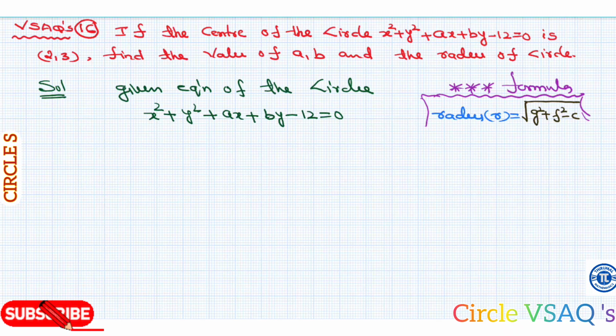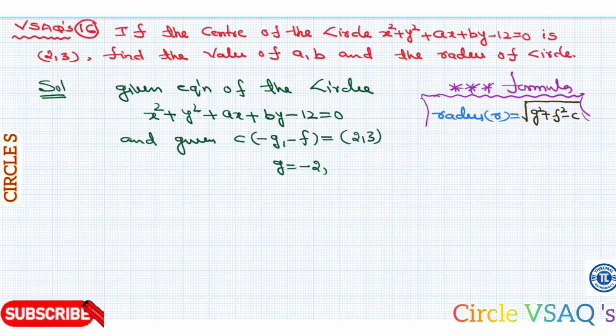In general form, given the center of the circle (−g, −f) equals (2, 3), then g = −2 and f = −3.